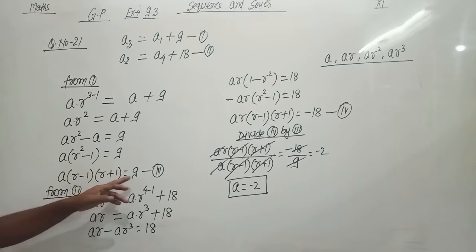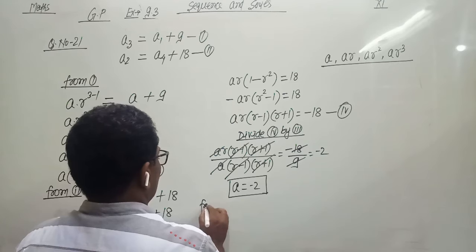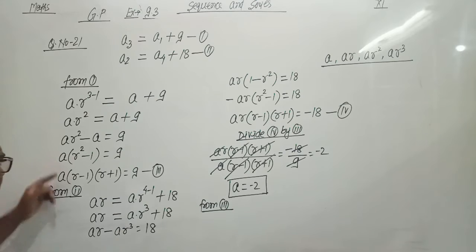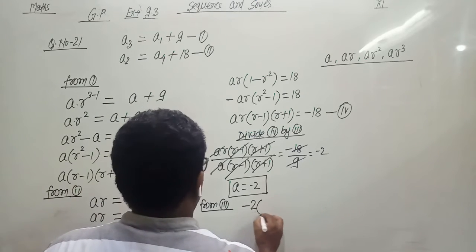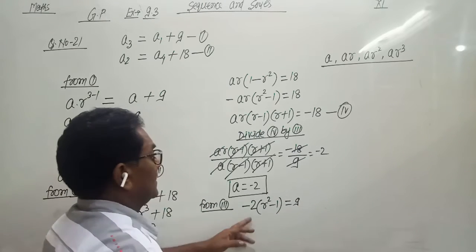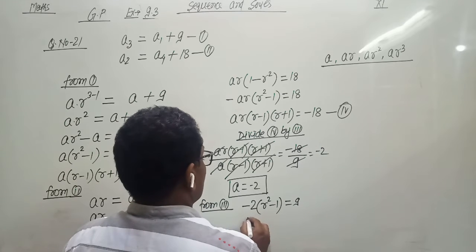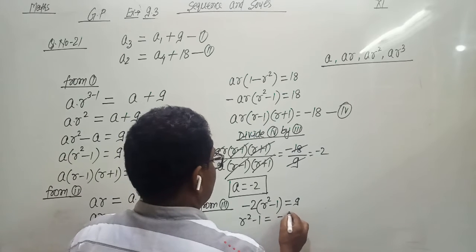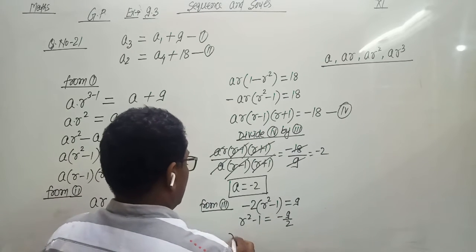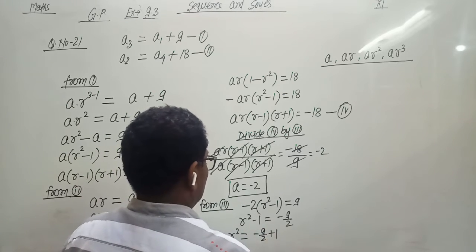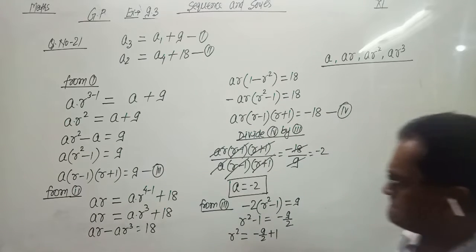Now put the value of A in equation number 3. So from the third equation, we put the value of A: −2 into (r² − 1) equals 9, and r² − 1 equals −9/2, and r² equals −9/2 plus 1.